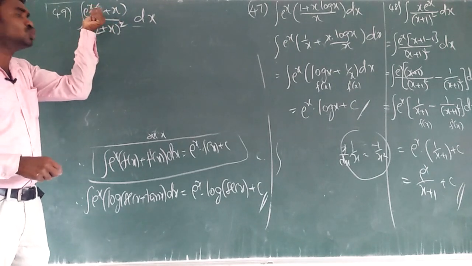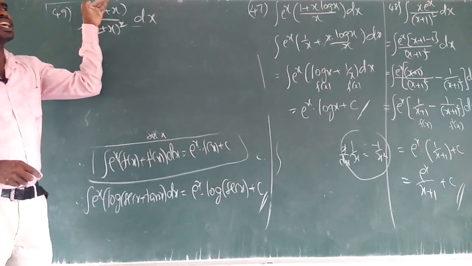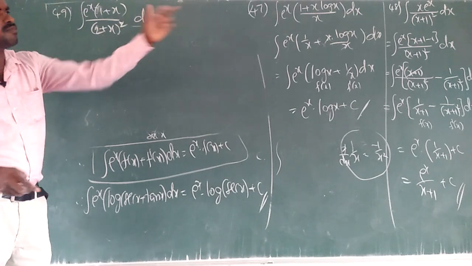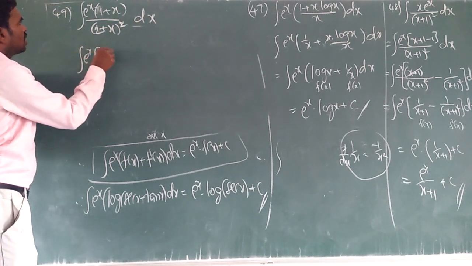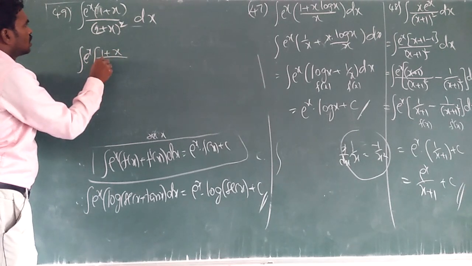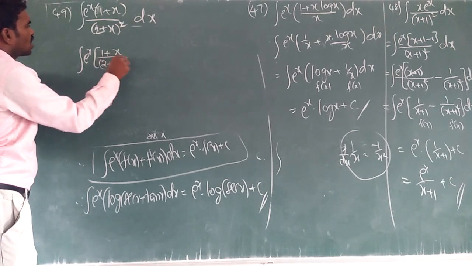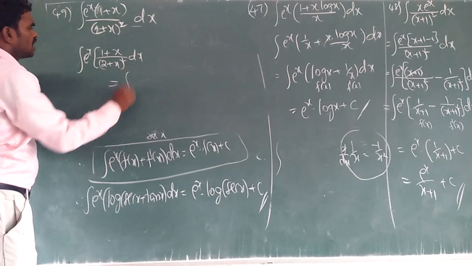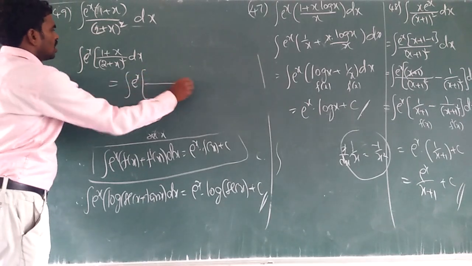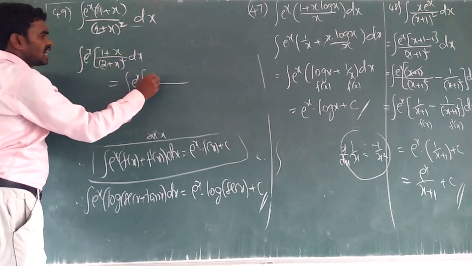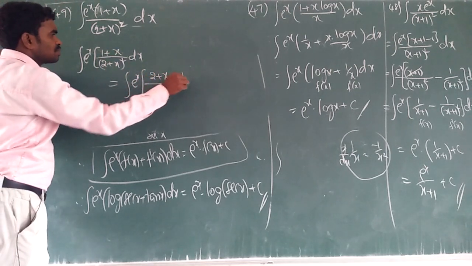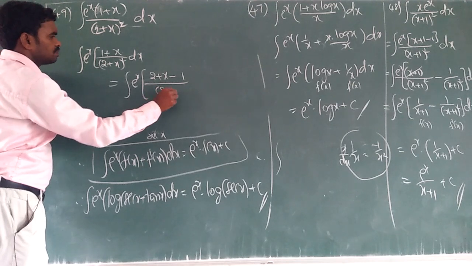So to get 2 plus x, definitely add 1 also, the same way. First I am writing 1 plus x by 2 plus x whole square. This is the question. It can be split as follows: I am rewriting the numerator 1 plus x as 2 plus x minus 1. Am I right or not?